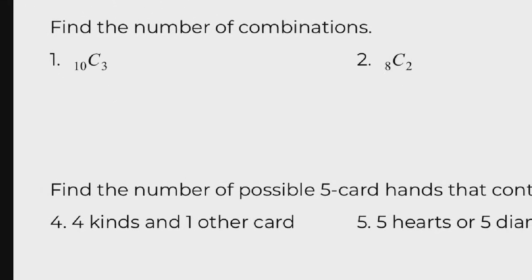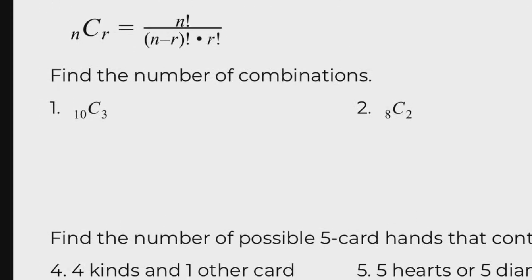So in the first three examples, we're going to find the number of combinations, and we can plug it into this equation here. So that'll be 10 factorial over 10 minus 3 factorial times 3 factorial, which is 10 factorial over 7 factorial times 3 factorial. When we write out 10 factorial, we can stop at 7, so that can cancel out with the 7 factorial in the denominator.